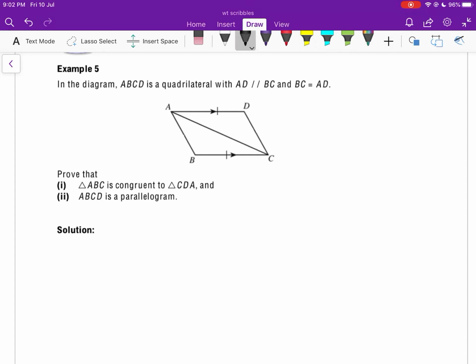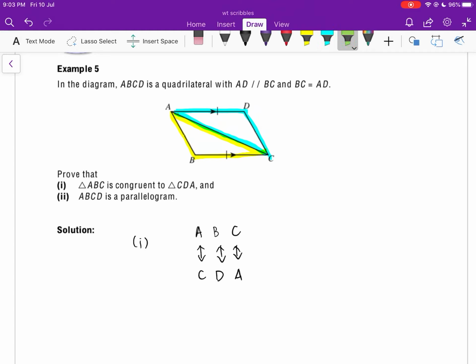Now, part 1. How to prove that triangle ABC is congruent to triangle CDA. Okay, highlighting the triangles. I like to highlight the triangles so that I can see them clearly. Also, we like to look at the information given to us.